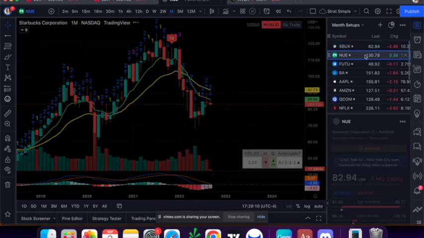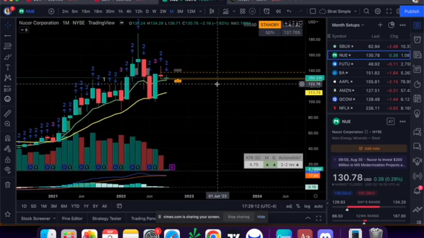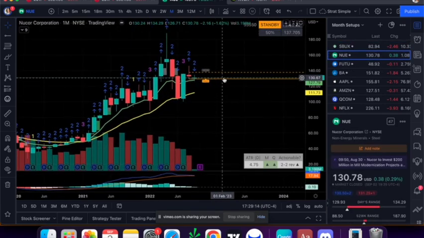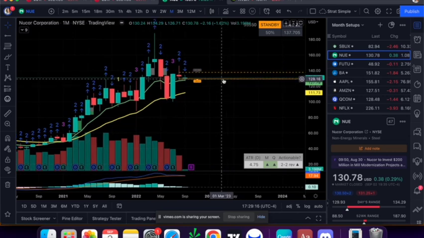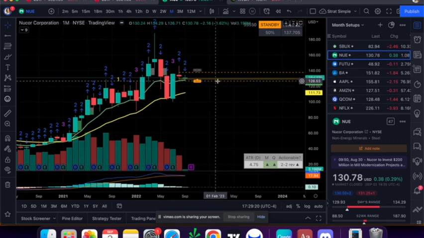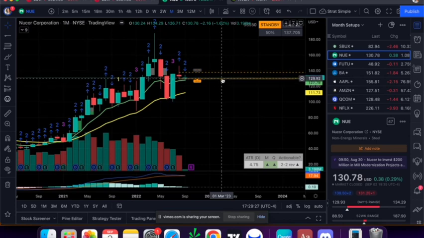And then NEW. I like the range here, but it needs to break this 8. So not just the Strat break for me. I need it to break this 8 because I feel like that's a secondary support, so I wouldn't rush to get in it if it did break.